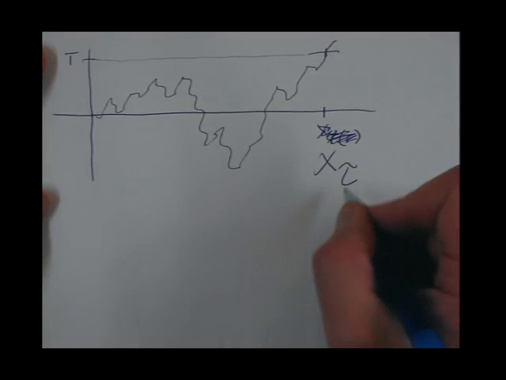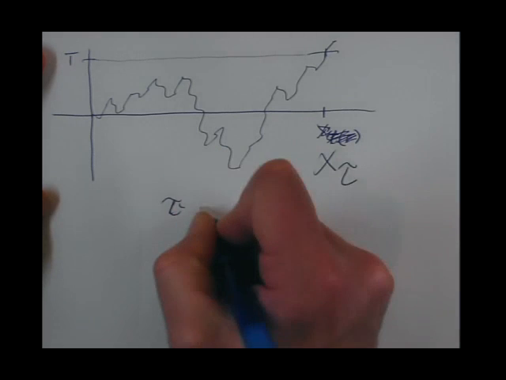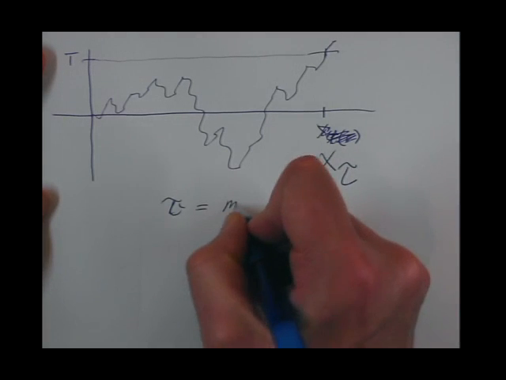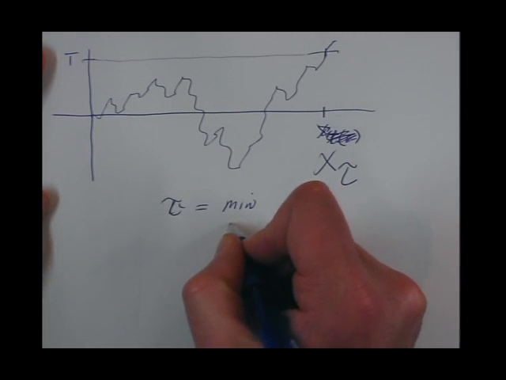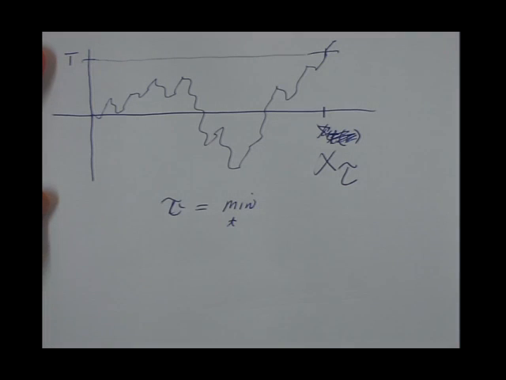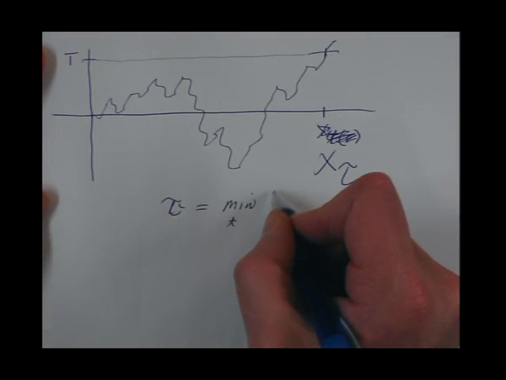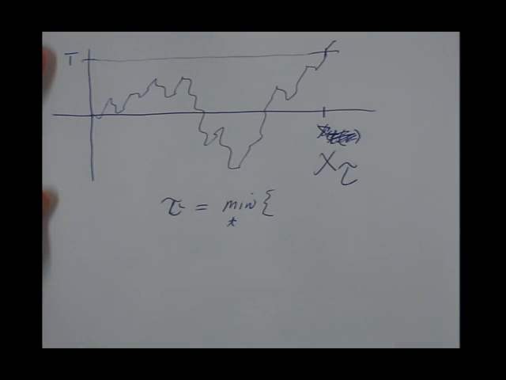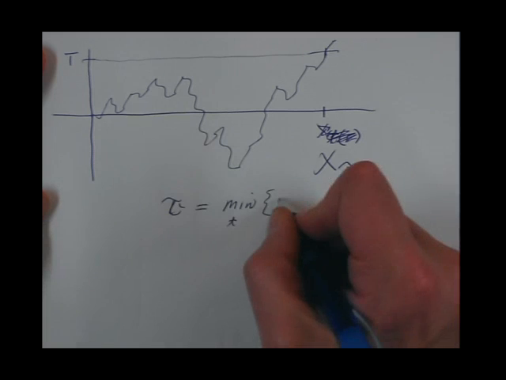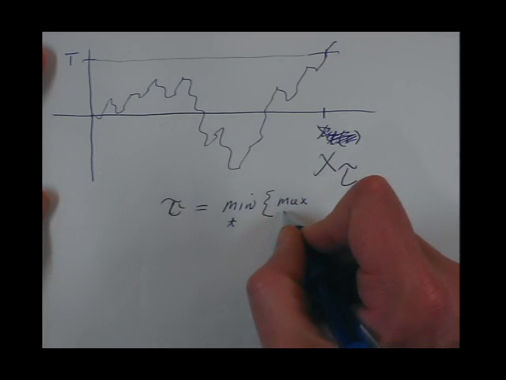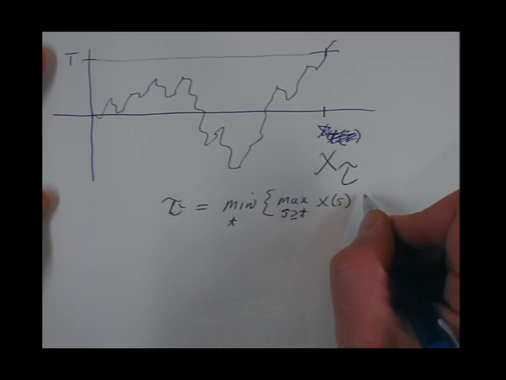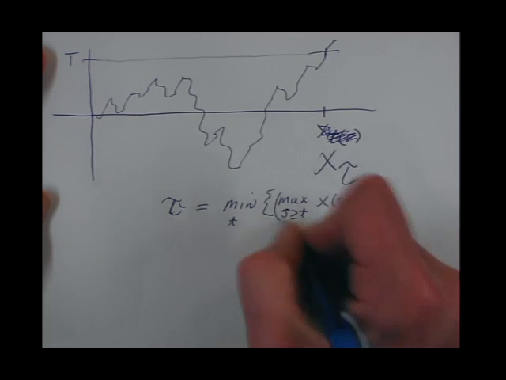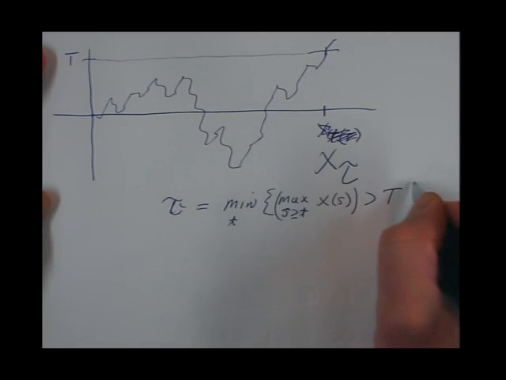So it turns out this thing here, tau, is equal to the infimum over all t such that the maximum over, say, s less than t of X_s is greater than the threshold.